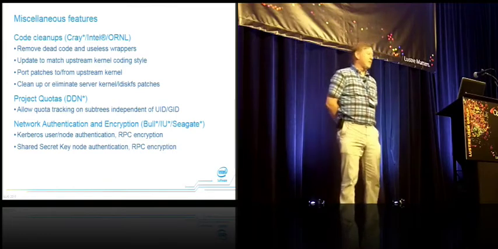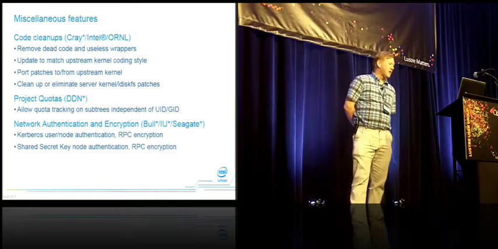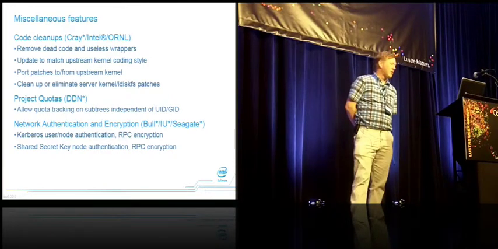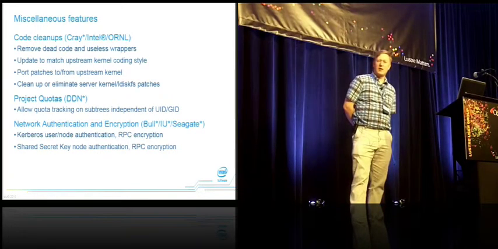There are a few other miscellaneous features being worked on, such as ongoing code cleanups. Oak Ridge and Cray are helping out a great amount there, and that's really making Lustre more understandable. It's helping with upstream integration, removing tens of thousands of lines of dead code, for example obsolete compatibility with old kernels.